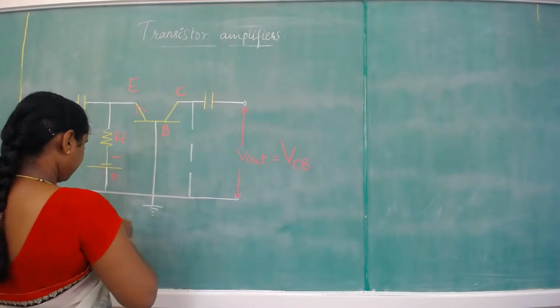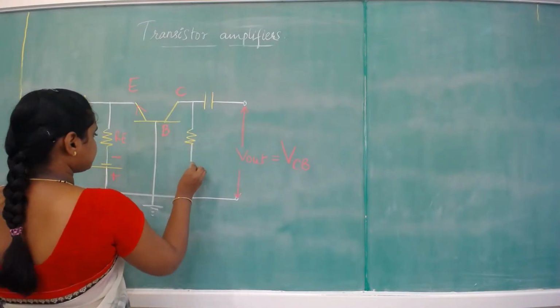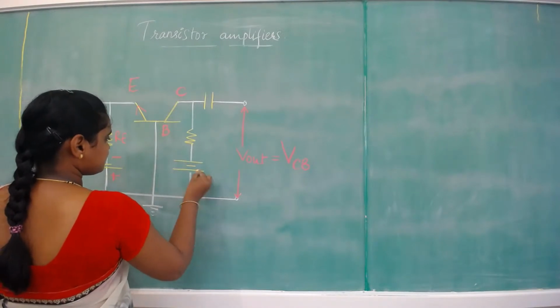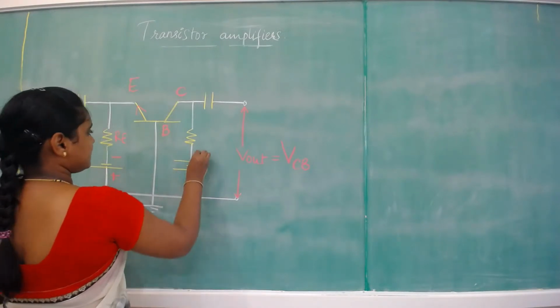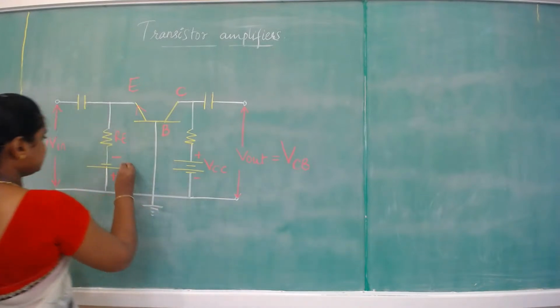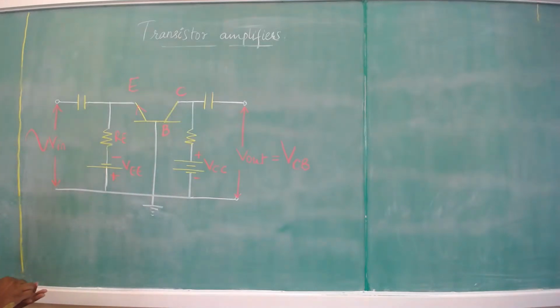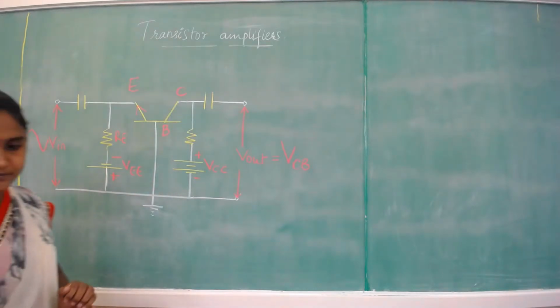Another voltage is required for the biasing purpose here, positive and negative. This is termed as VCC. This is VEE, and that is the transistor.